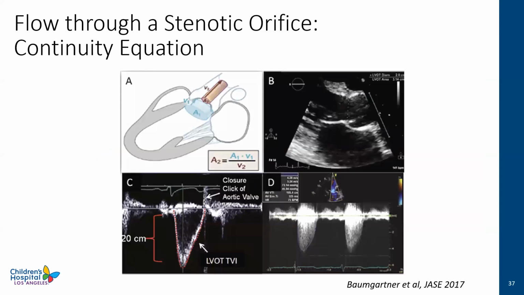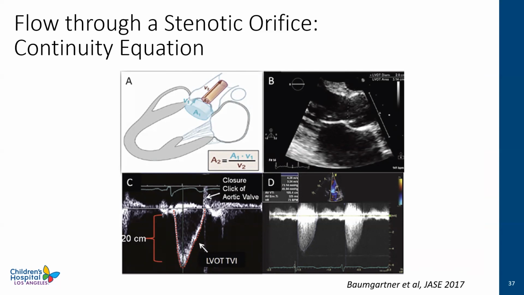And then just to bring it back to the continuity equation, you can rearrange this equation to calculate a valve area. In this example, you're looking at your LVOT and your aortic valve. So A1 and V1 are going to be the area and the velocity at the LVOT, whereas A2 and V2 are going to be the area and velocity at the aortic valve.